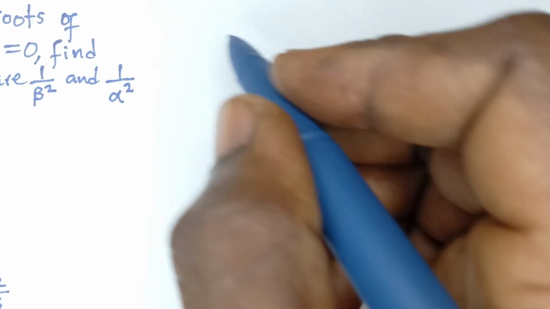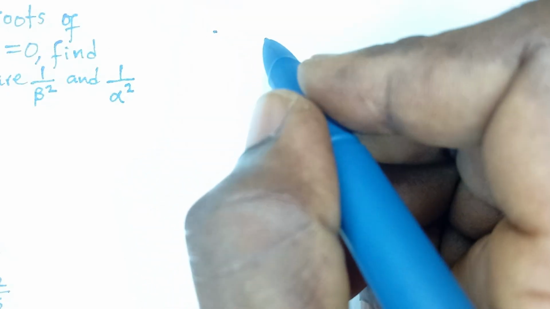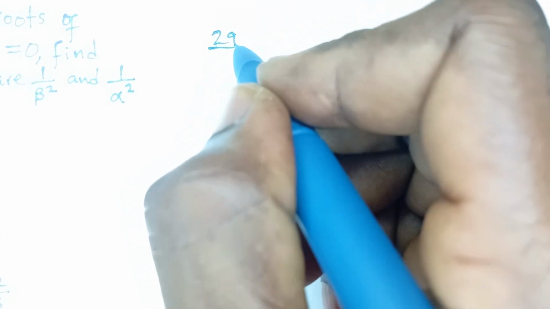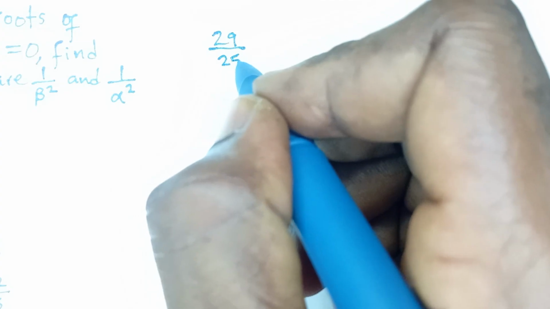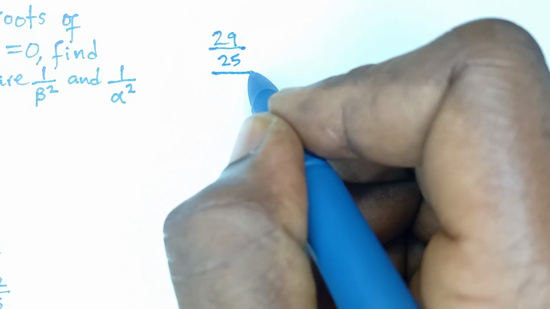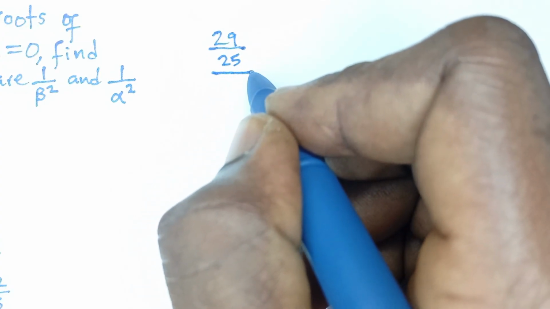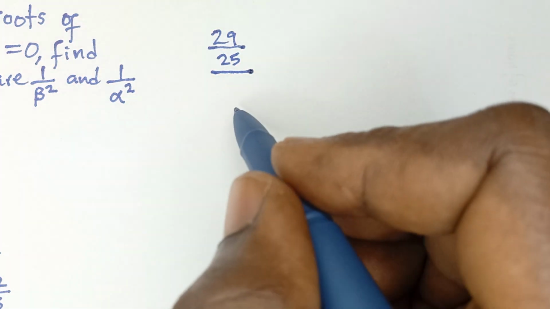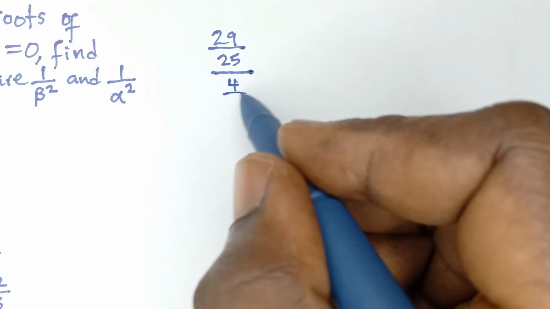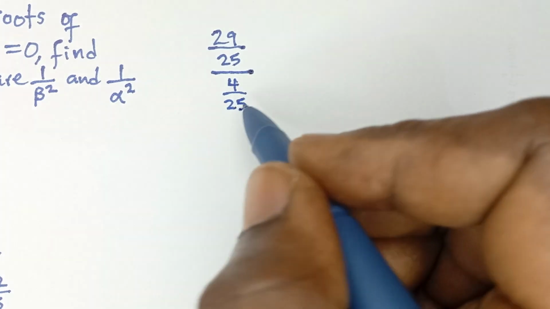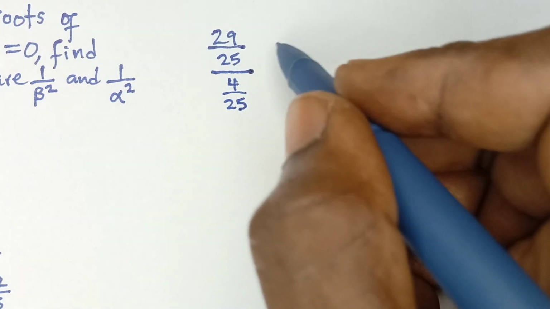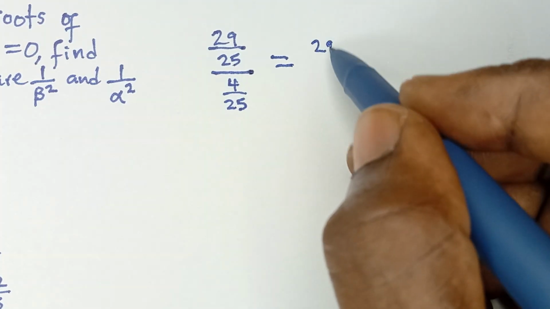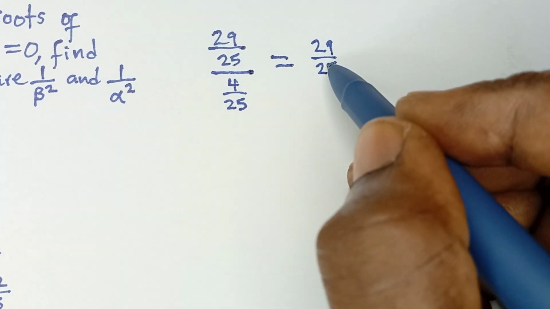So I have 29 all over 25, then all divided by 4 over 25. And this will simplify further to give us 29 over 25.